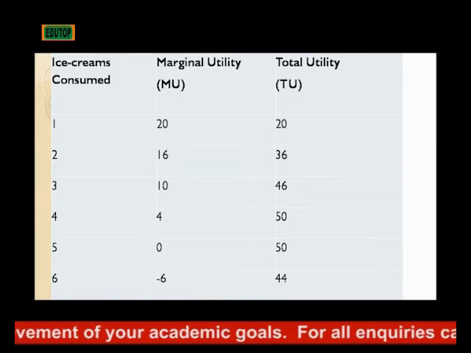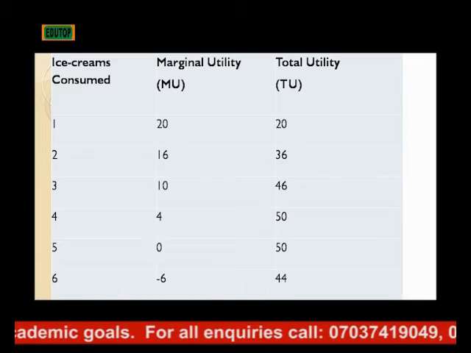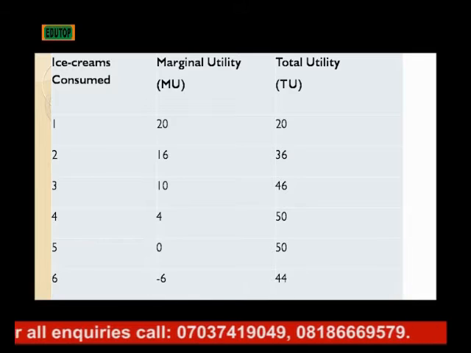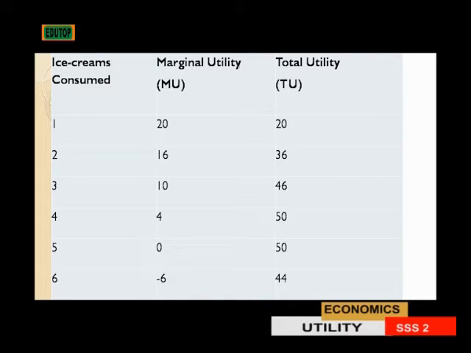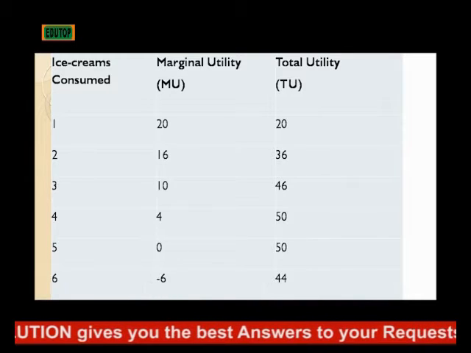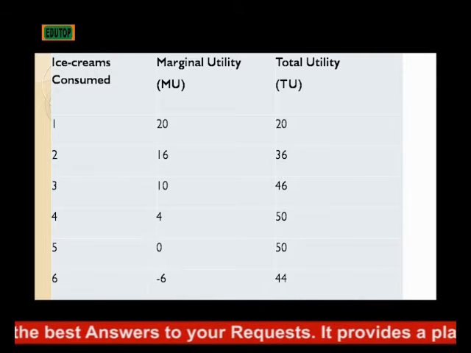Therefore, we can also say when the third ice cream was consumed, the total utility increased to 46. So the difference between the second and the third utility is 10, and 10 will therefore be our marginal utility. And it continues like that until the last one.